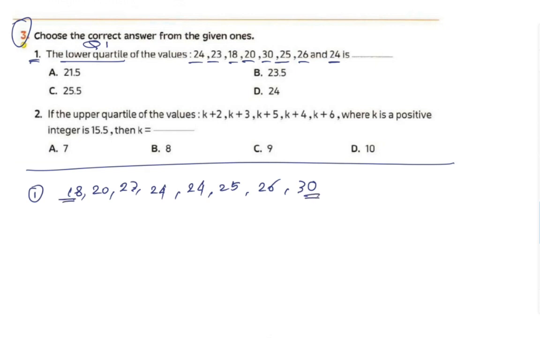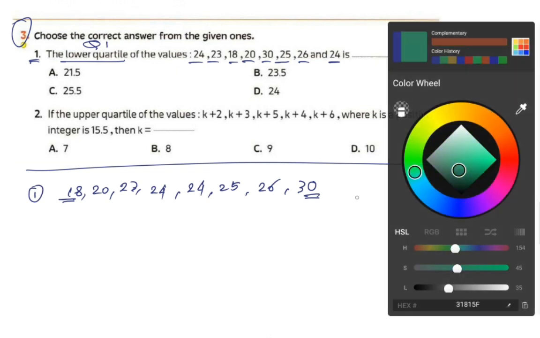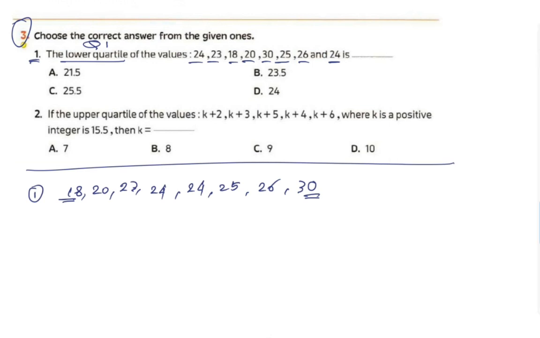Okay, now to find the lower quartile, start with the median. I need to find the median first. To find the median here, delete one from right, one from left, one from right, one from left, and so on. Oh, I have two numbers here. So to find the median, I will add these two numbers and divide by 2.